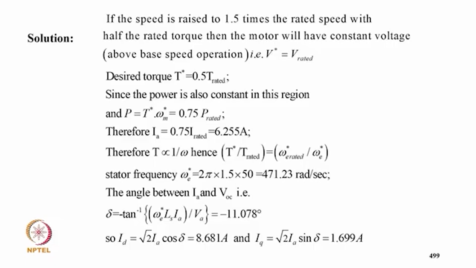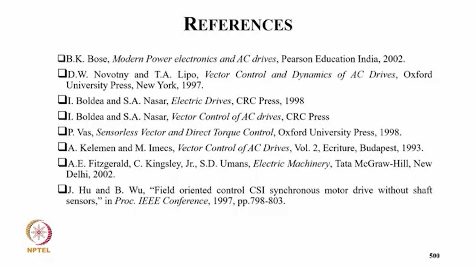So omega equal to 2 pi f, that is 471.23 radian, and angle between IA and VOC, delta equal to tan inverse omega E LS IA upon VA, that is minus 11.078 degree, and ID equal to root 2 IA cos delta, that comes to 8.681 ampere, and IQ equal to root 2 IA sin delta, 1.699 ampere.